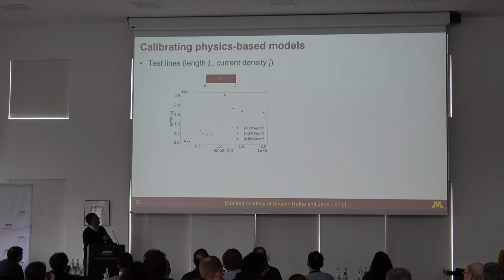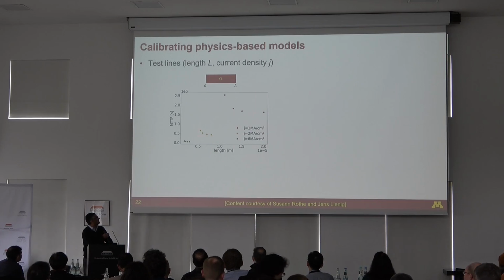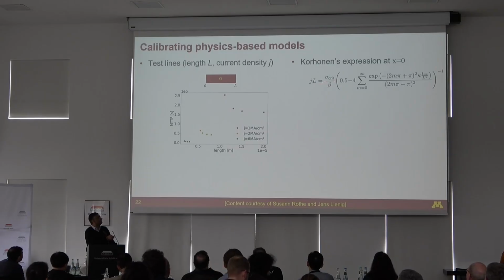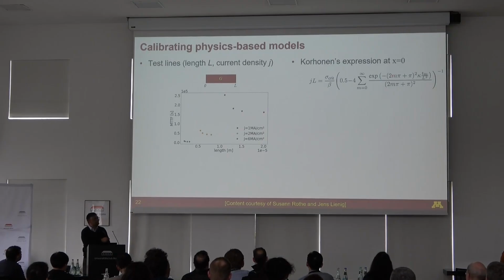If you plot the mean time to failure versus the length, there's a relationship that looks something like this, which doesn't look like much. But if you look at the expression for Korhonen's stress equation, if this is the critical stress at which you have a breaking point, at that point you have a relationship between various quantities, given by this closed form equation for a single line of this sort.